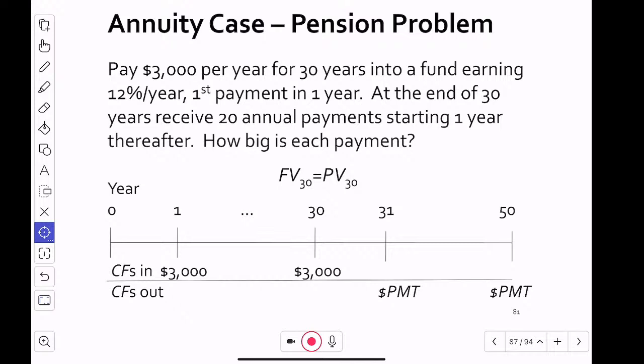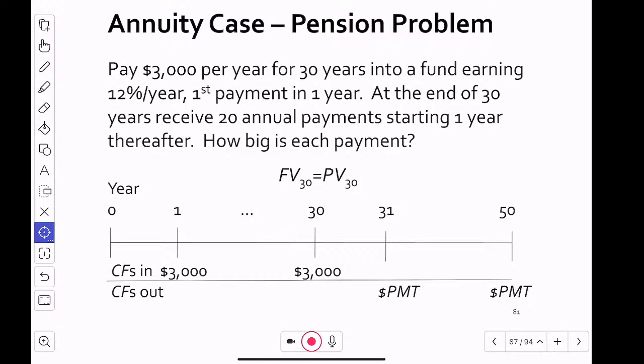So I'm going to use that as though this is realistic. And the first payment would be in 1 year, and you'll save for 30, and then you begin withdrawing from the fund. You will withdraw for 20 annual payments starting 1 year thereafter.